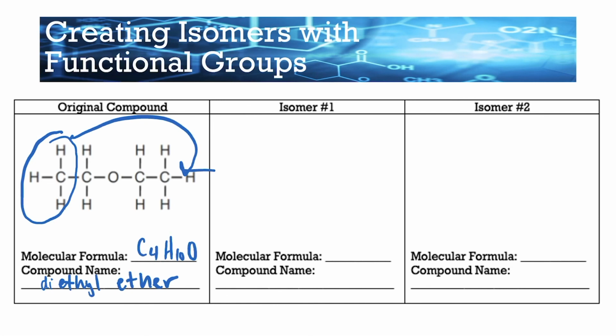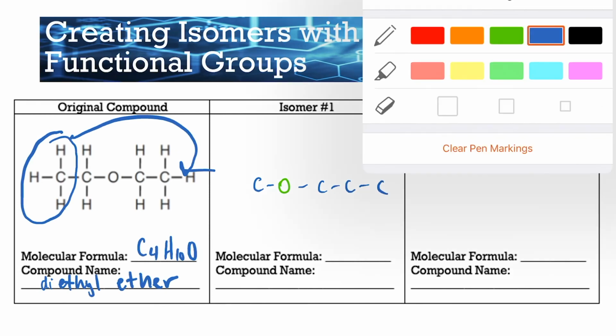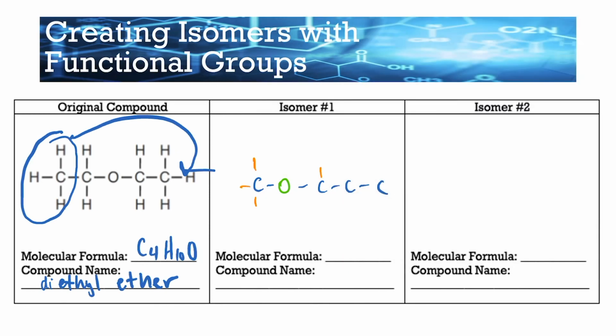So, to do that, we could draw it as, using all these different colors is so much fun, 1, 2, 3. And everything in orange is your H. And so the molecular formula would be C4H10O.